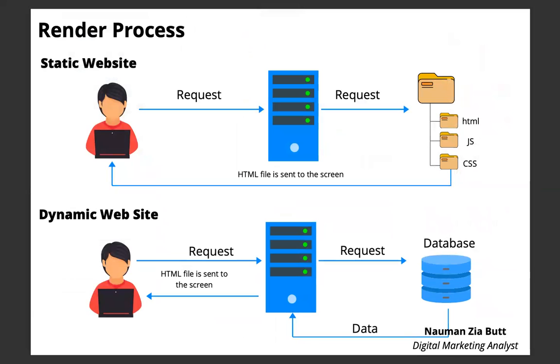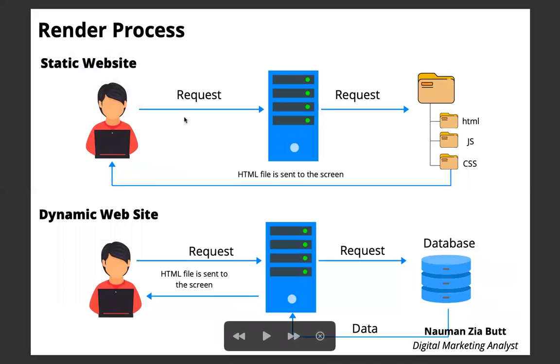Before we start, let me show you how the render process works if we compare static and dynamic websites. There are two different scenarios you can see. In the first scenario, if you are visiting a static website, there's a very small journey you can see here.